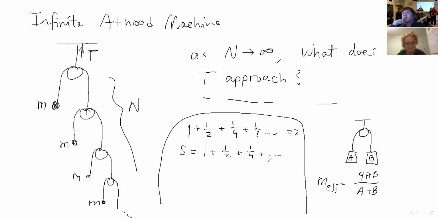That is from BC. Do you remember what it's called, Andrew? It's like the P test. Whatever. Anyways, let's assume that S converges and is equal to 1 plus a half plus 1/4 plus dot dot dot. The harmonic series does not converge, if I remember correctly.